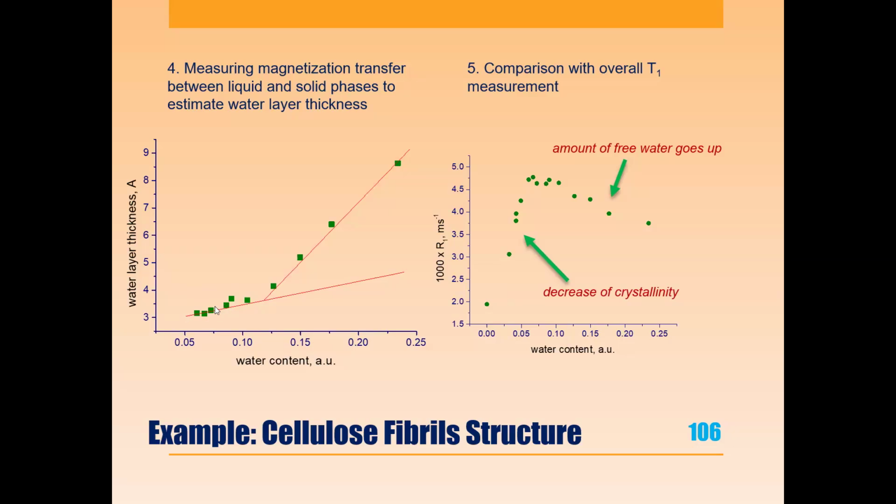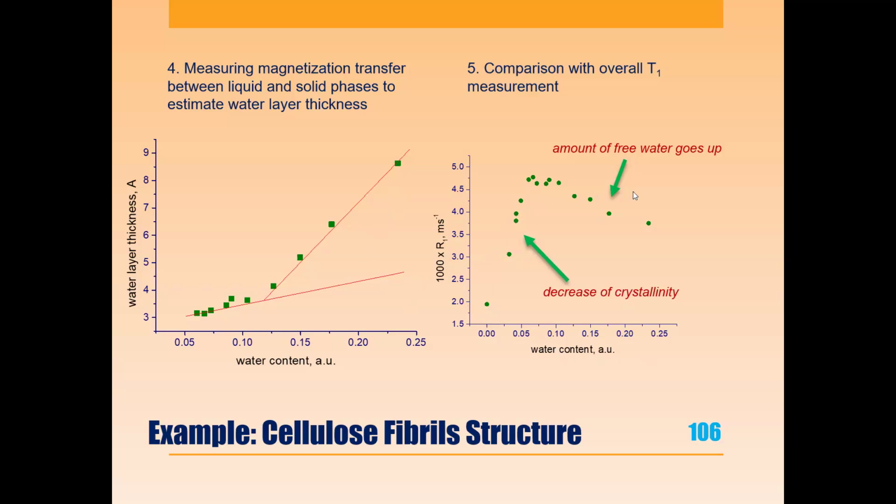But then with the rising of water content, we see a change in the trend of water layer thickness. Until about 10% water content, we observe the building up of the first adsorption layer. Then when the humidity increases, other effects like capillary condensation start to happen, and we see different behavior of water layer thicknesses.